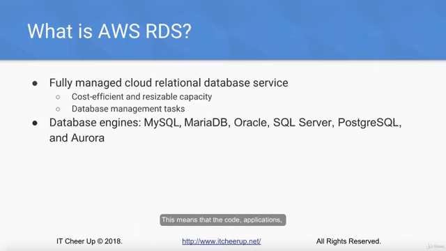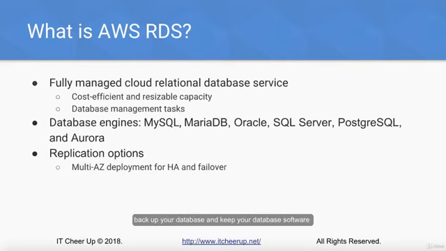This means that the code, applications, and tools you're already using today with your existing databases should work seamlessly with Amazon RDS. AWS also provides Data Migration Service (DMS) for you to migrate your on-premise databases into the AWS Cloud.